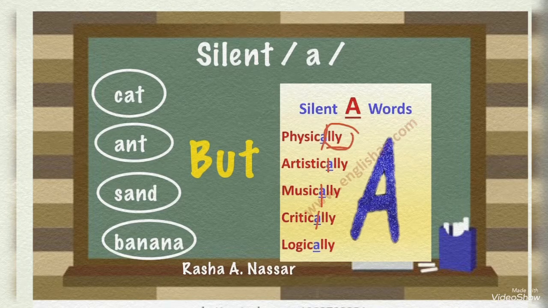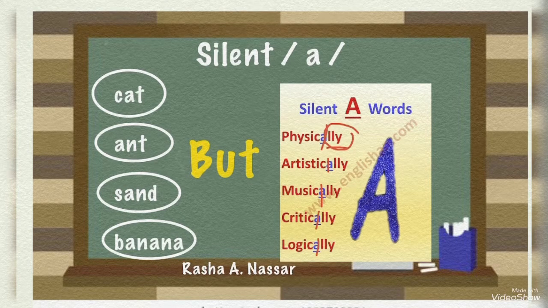And the last word is logically. I cannot read it with the A. Here I cut letter A from the word and get rid of it. Why? Because it comes before LLY.